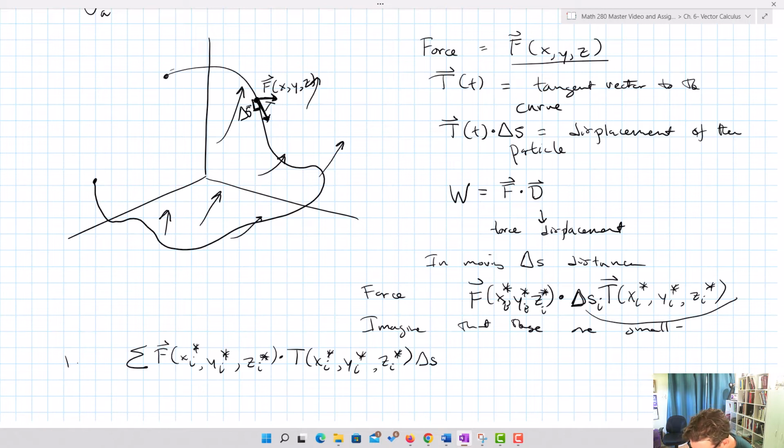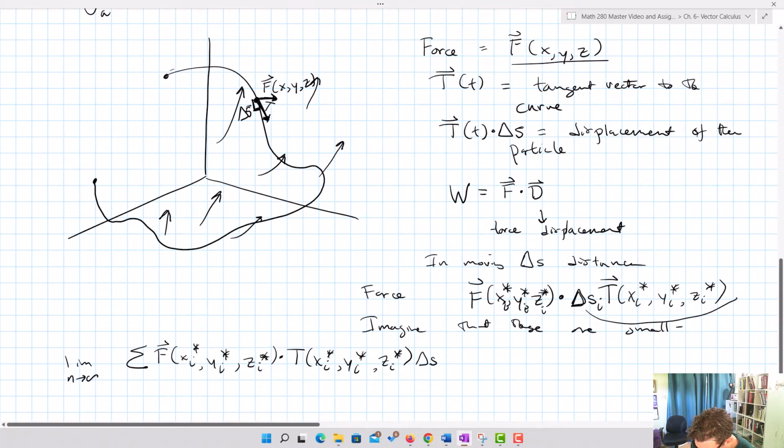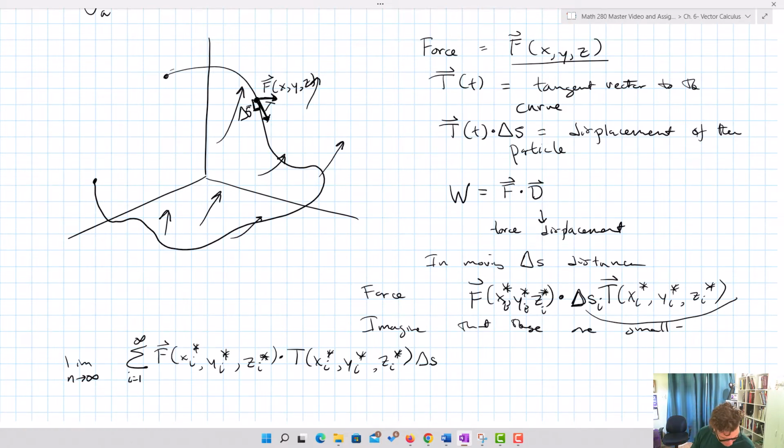And I take the limit as n goes to infinity. Just for rigor's sake, i equals 1 up to n. We take the limit as n goes to infinity.